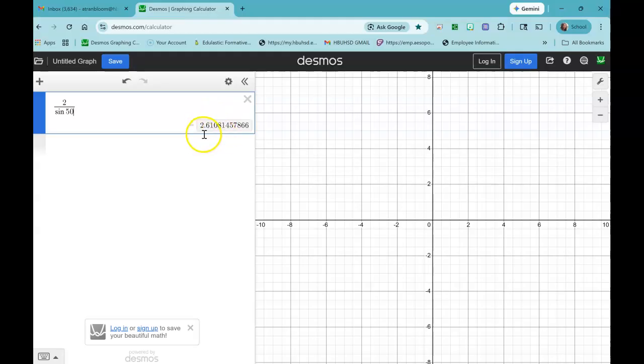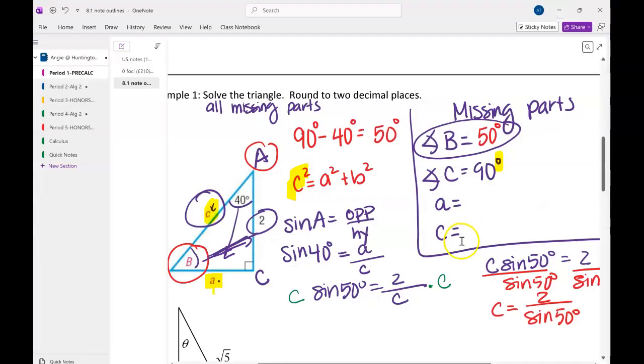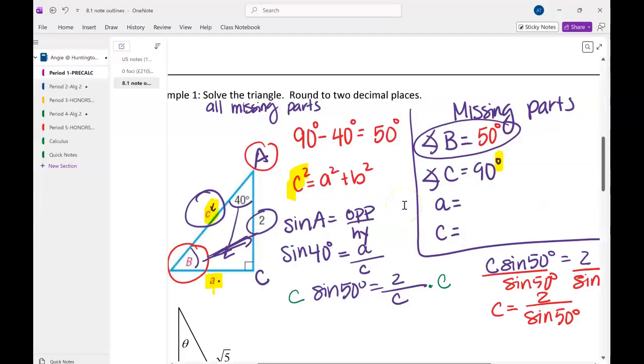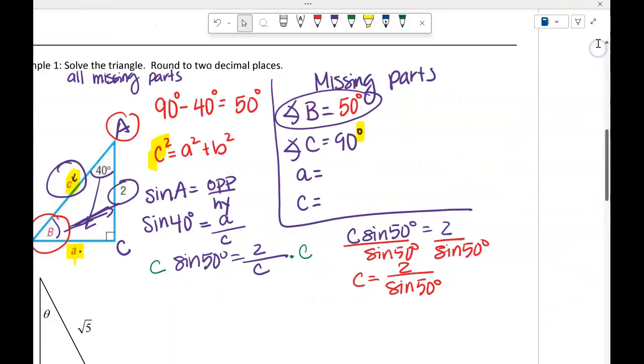It says 2.6108, and I believe it wants us to round to 2 decimal places. So let's go back and look. If it's 2 decimal places, we look at the third digit. It's a 0, so it's 2.61. And that's your C value.